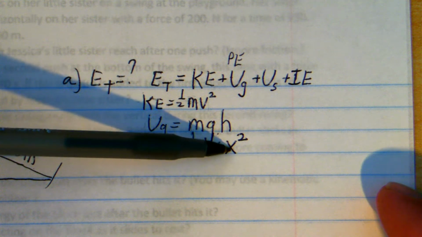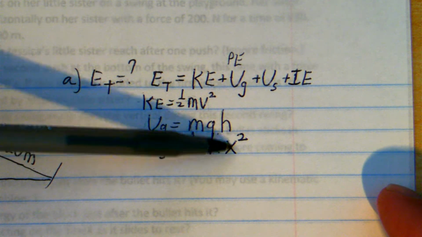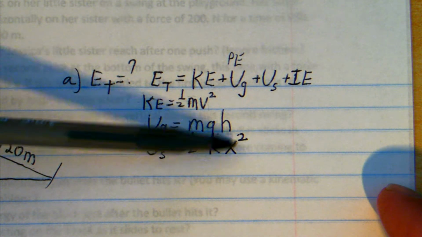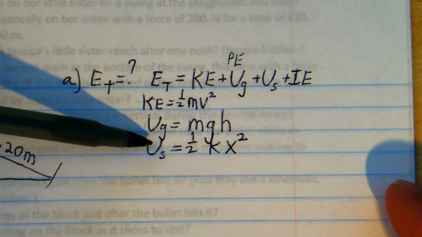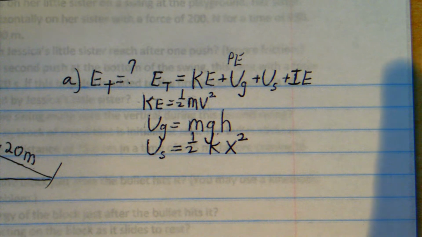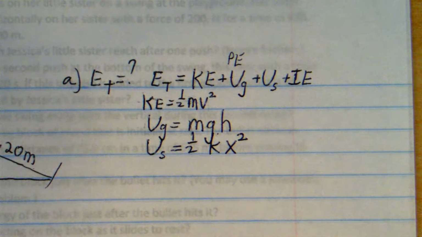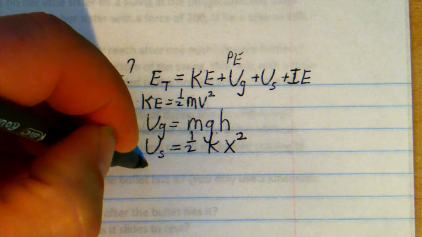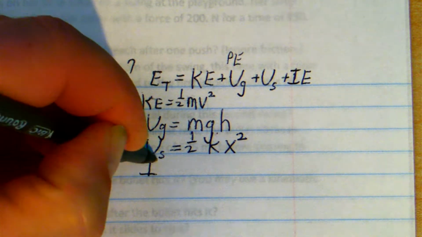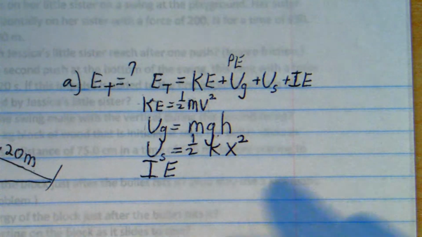Although this can be negative as well, it's squared. And so once again, the energy stored in the spring can never be negative. It could be 0, it can be greater than 0, but it can't be negative. And finally, internal energy is something that happens when we have friction.